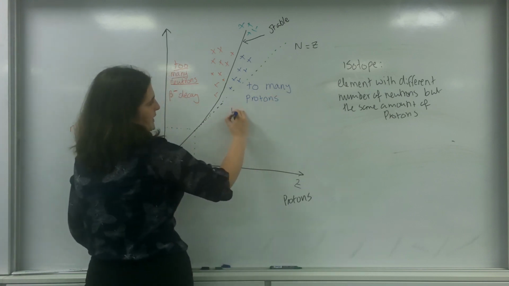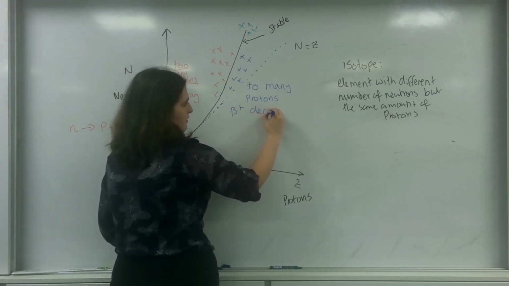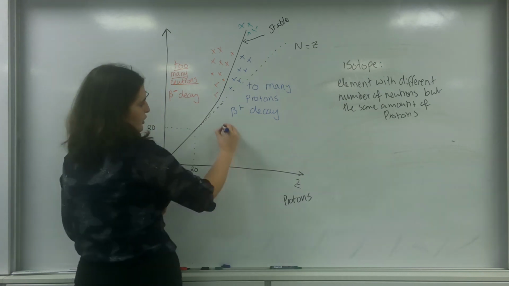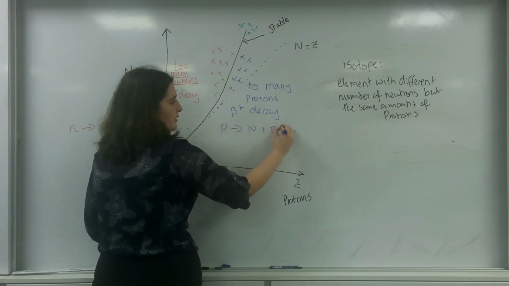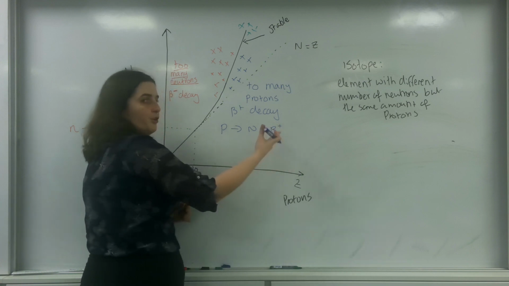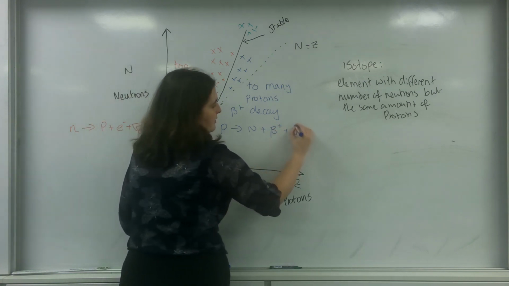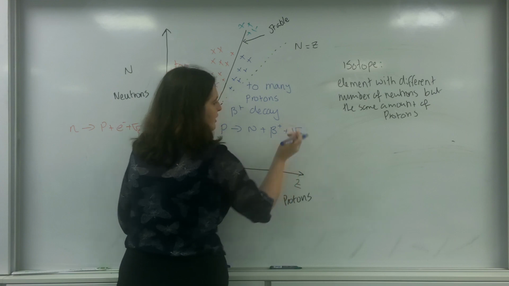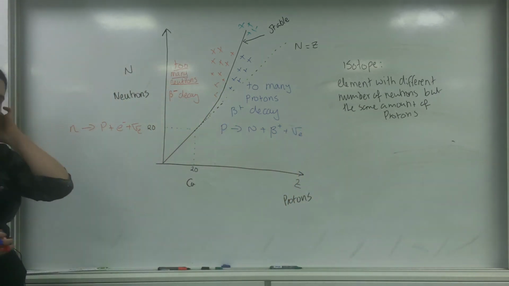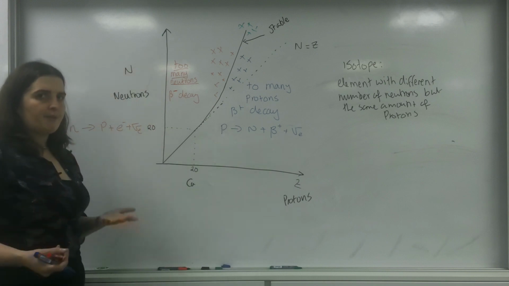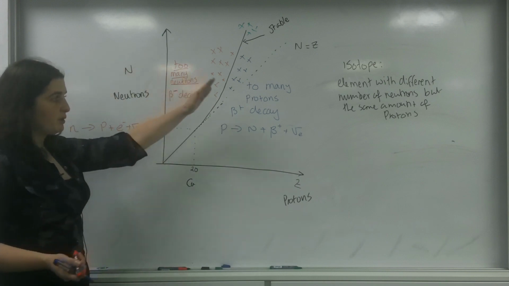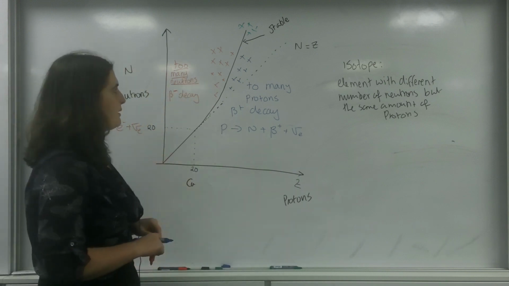So this is where I get beta plus decay. A proton goes to a neutron plus a positron, or a beta plus, plus an electron neutrino. Okay. So if it's got too many neutrons, it is likely to decay by beta minus. If it's got too many protons, it's likely to decay by beta plus.